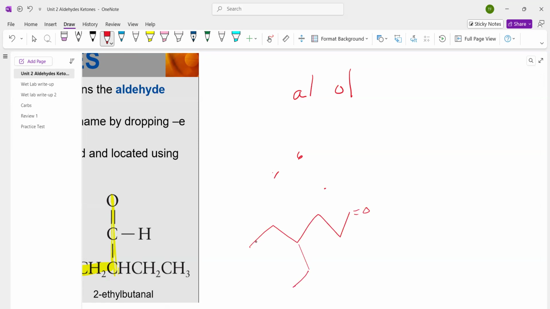Okay, so what's the longest carbon backbone that includes the aldehyde group on the end here? Well, for sure, it's going to be this here. And it looks like we can go either way, left or right here. So let's just go down. In the functional group, we'll start the numbering.